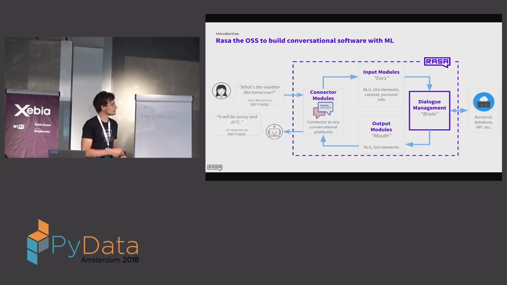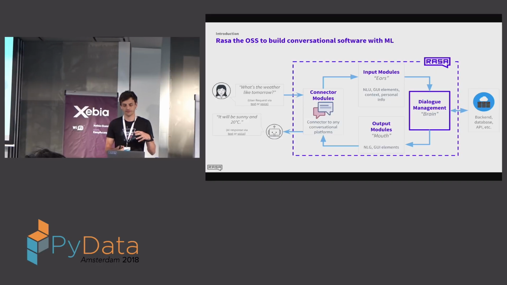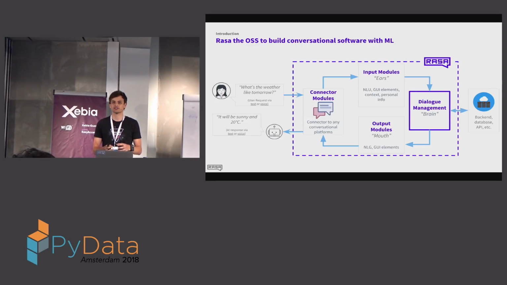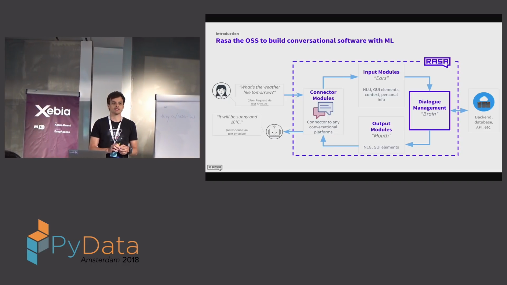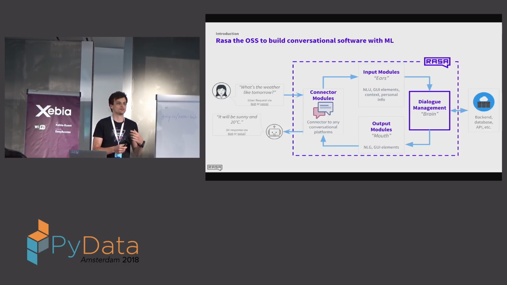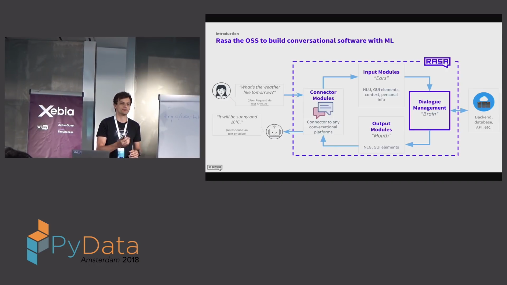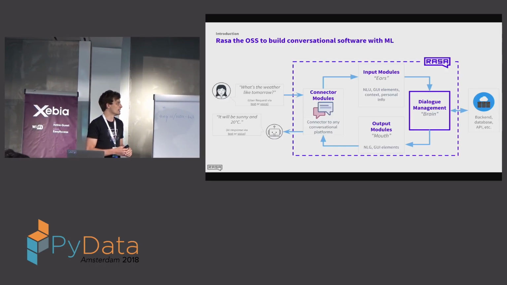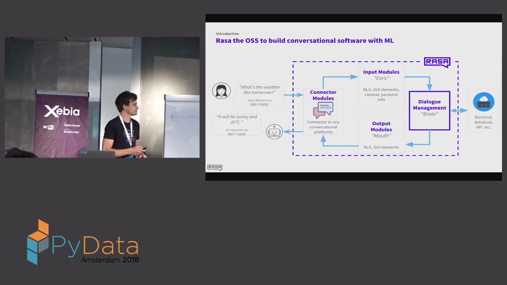Then we have our dialogue management here, which we call the brain. The brain gets all the structured input from the NLU and is connected to the backend databases and APIs, right? So it's able to fetch more information from the web, like weather APIs or your backend or database, and combine that information with the dialogue it's having with the user.